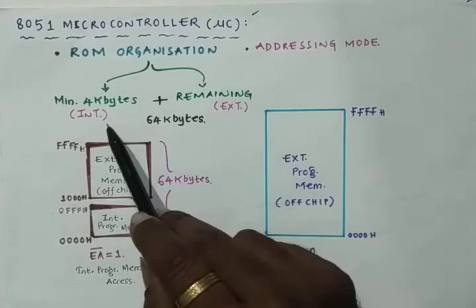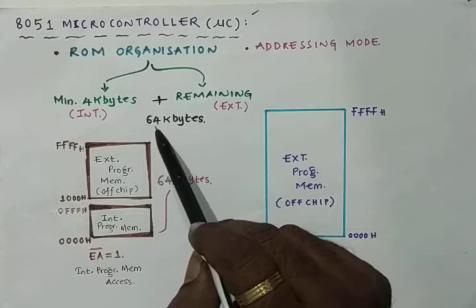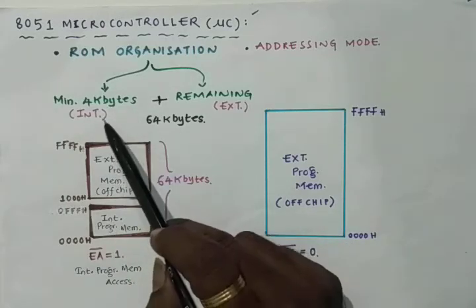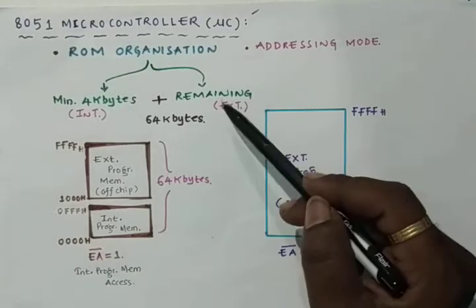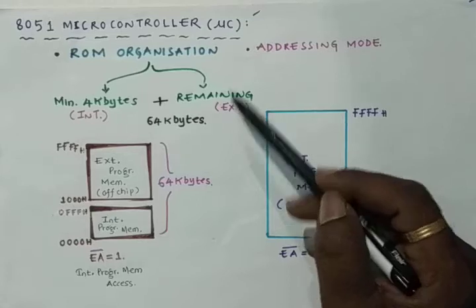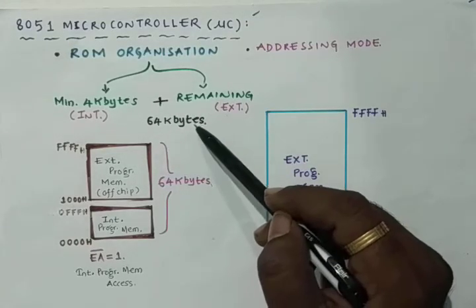The internal memory is also named on-chip memory, and the external memory is also named off-chip memory. On-chip memory plus off-chip memory equals 64 kilobytes.